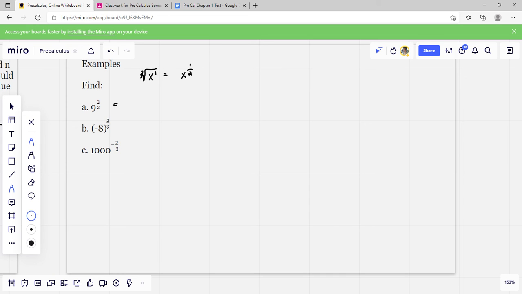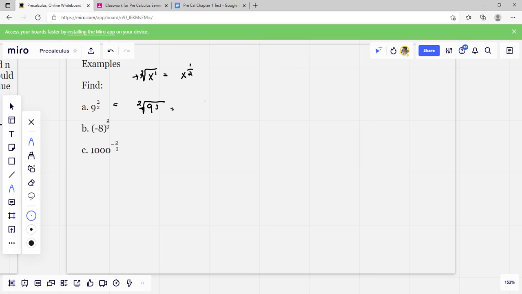Square root means the 2 is our root. So our top number goes with the 9 as the exponent, which is 3, and our bottom number is the root. So this means the square root of 9 to the 3rd.